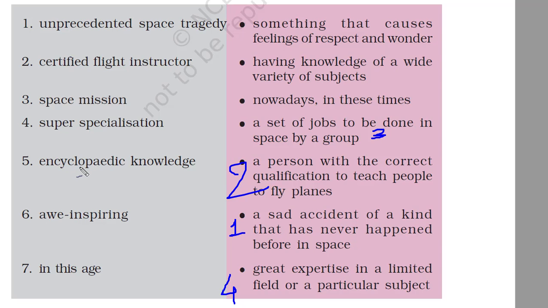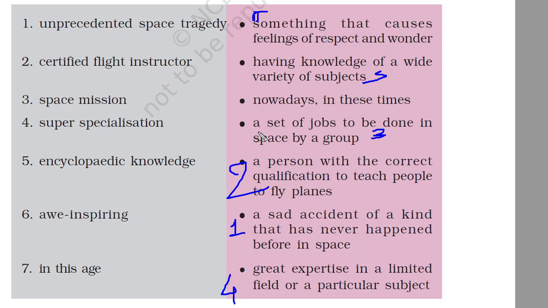And encyclopedic knowledge. That means having knowledge of a wide variety of subjects. That can be the answer. Right? If you know the meaning, you can give the answer. Awe-inspiring. That means something that causes feeling of respect and wonder. That will be the answer. This one will be the sixth.